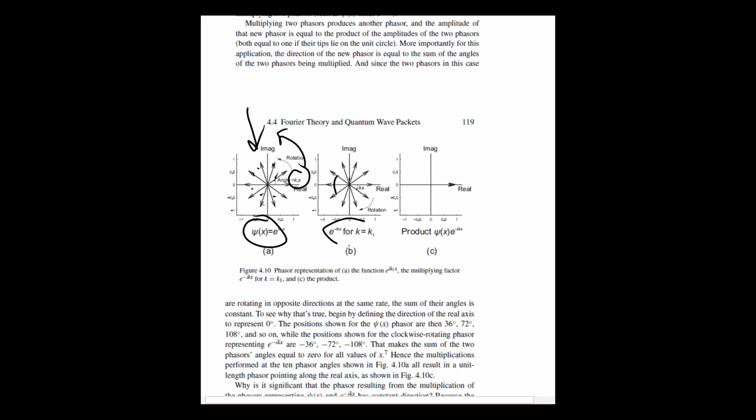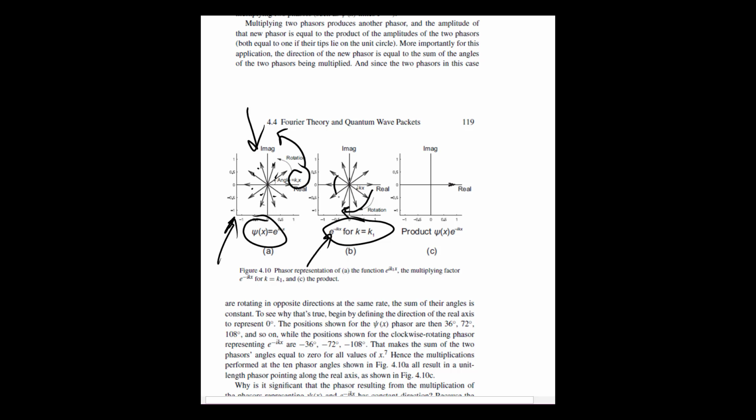Well, I've shown it here for a specific k, and I picked k1, the same wave number as our psi of x, which is e to the i k1x. Notice we have a minus sign in the Fourier transform factor, and that means that this phasor is going to rotate around clockwise. So what happens when you multiply these two together?